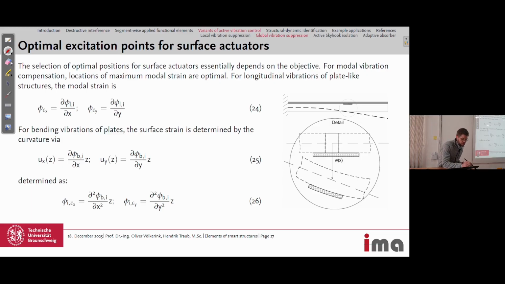So we have this simply supported beam, which has a bending line like this. We look at positions where the surface strain is maximum, because we can apply in-plane deformations with our actuators to act on the structure.